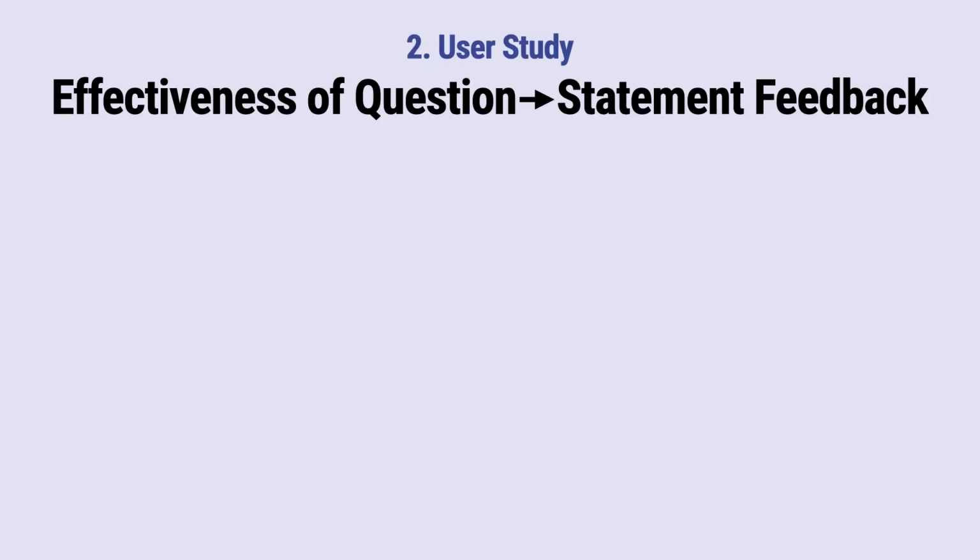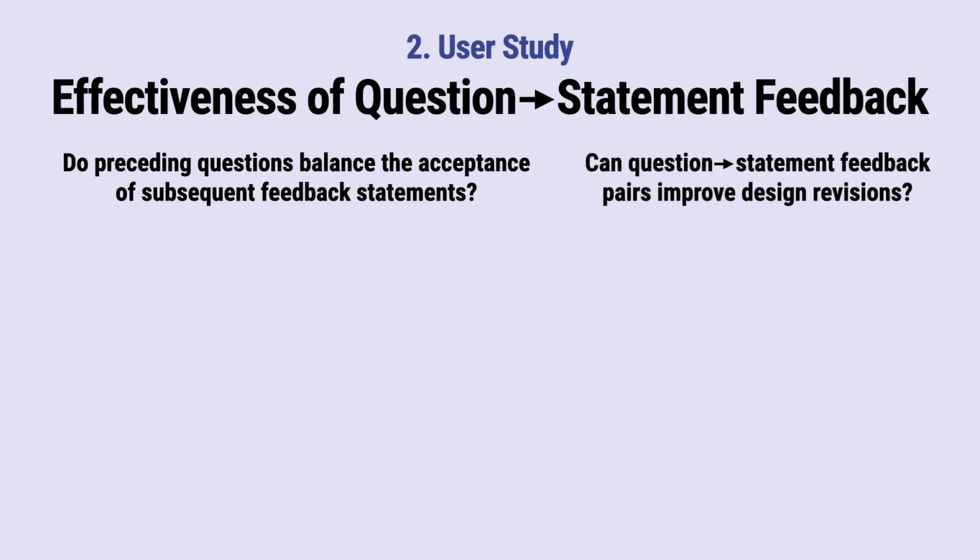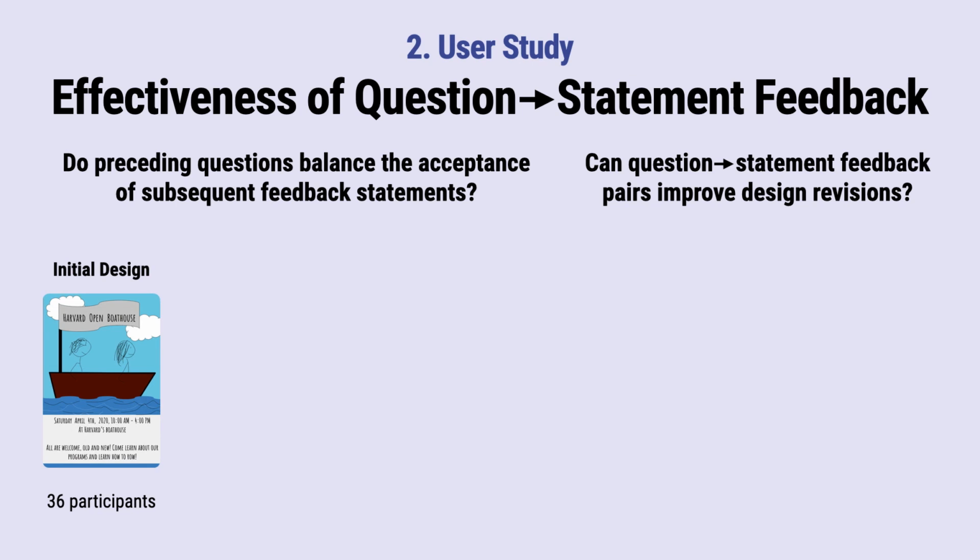To answer this question, we conducted a second study to first of all determine if preceding questions can balance the acceptance of subsequent statements. And most importantly, to shed light on the overall effectiveness of our method on the quality of design revisions. To this end, we asked 36 non-expert designers to create and revise a flyer.